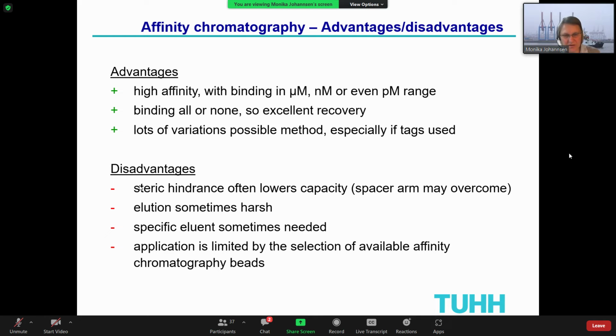Unfortunately, this is not always the perfect choice or the only choice, because sometimes we have a steric hindrance which lowers the capacity.